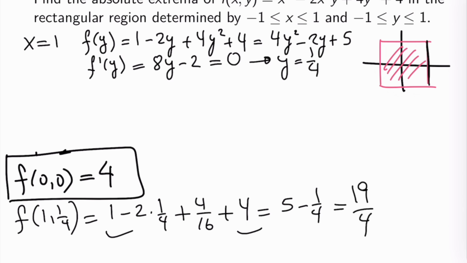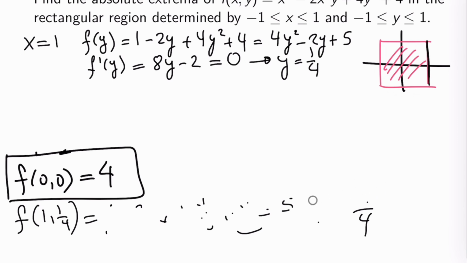So this is the value, 19/4, at the point (1/4, 1). Let's keep this value for future comparison. The evaluation result was 19/4. Okay, so we continue with the remaining of the boundary.